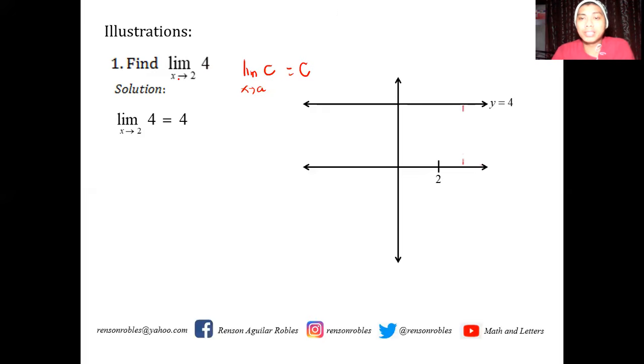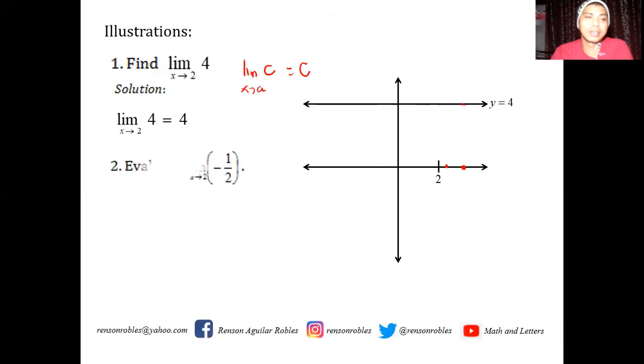As I choose a number getting closer to 2, my y, or my f of x, is still equal to 4. If I choose a number on the other side, as I get closer and closer to 2, my function value is still equal to 4.